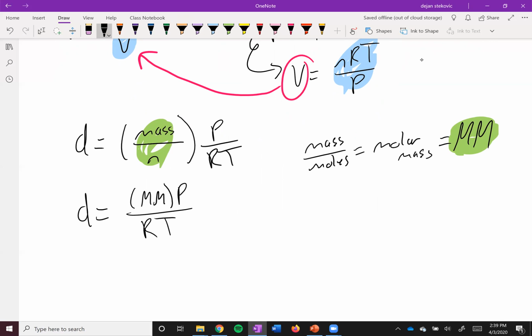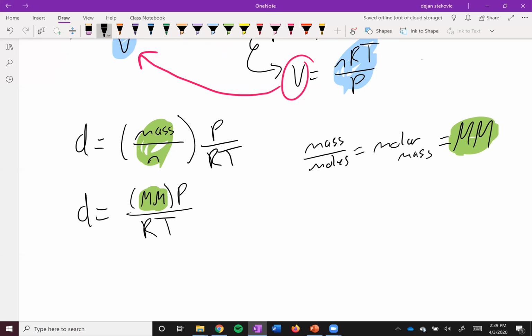And so basically what you can do here is you can find the molar mass of a gas, and thus the identity of a gas, by filling it up, say in a balloon, and measuring the weight, right? Getting the density of it.